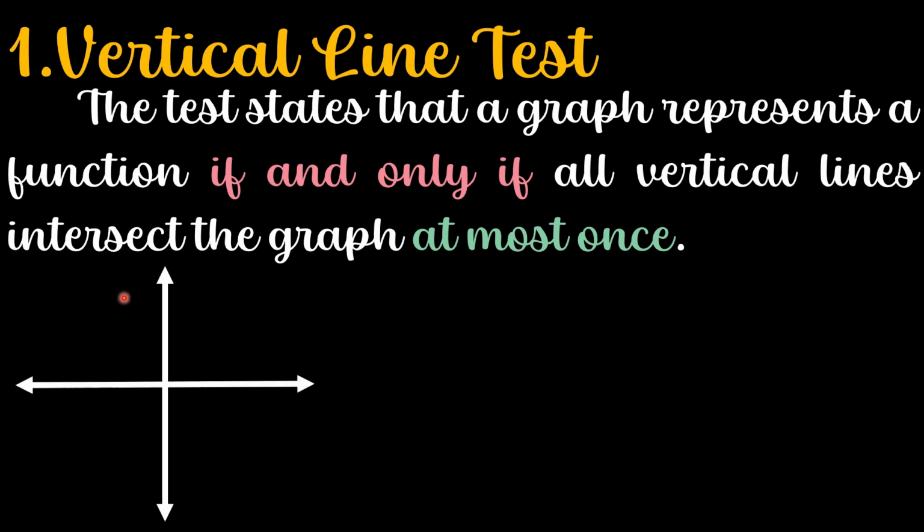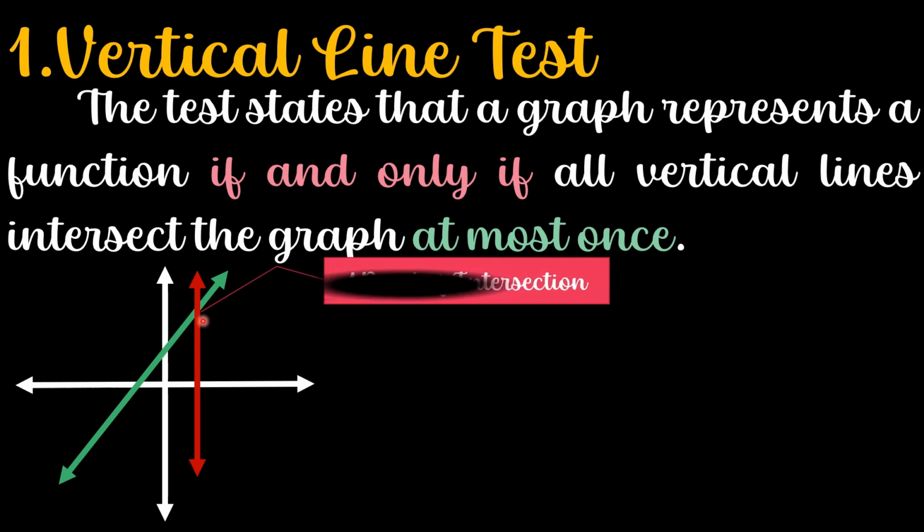For example, I have here our Cartesian plane. This is our graph, the green line. Now, if I draw a vertical line, this one, kaning nakapula, we can see nga kaisa ra siya nag-intersect or nagtagbo. Si green and red line, kaisa ra siya nagtagbo. That is our point of intersection. Kaisa lang sila nagtagbo.